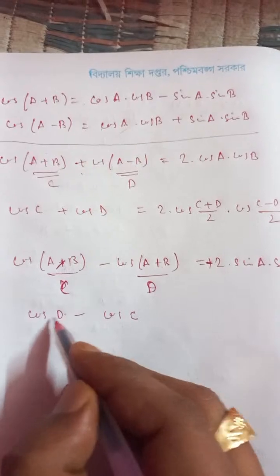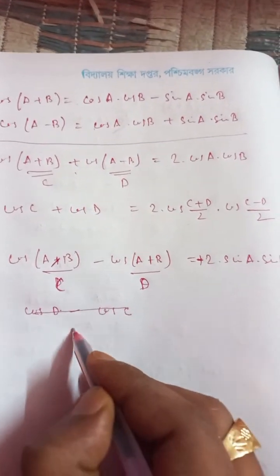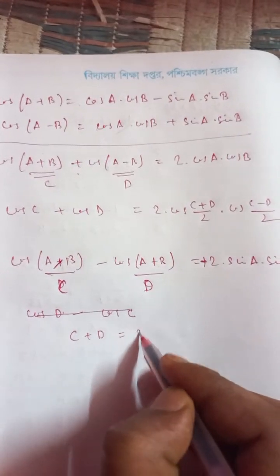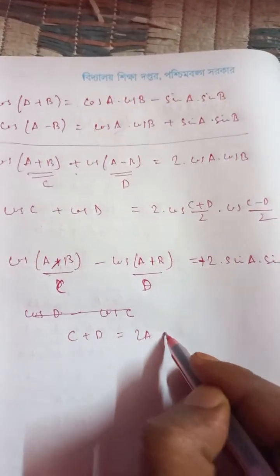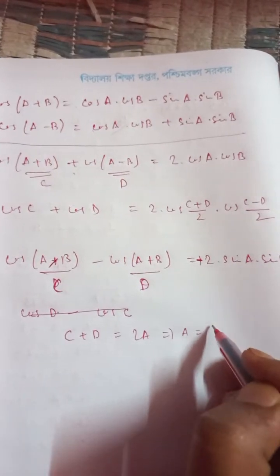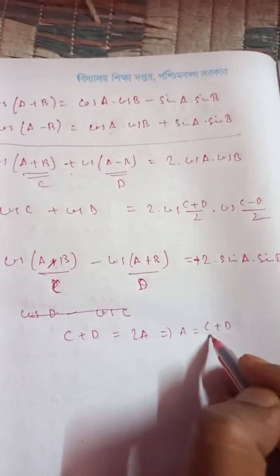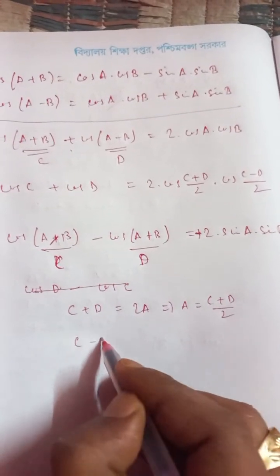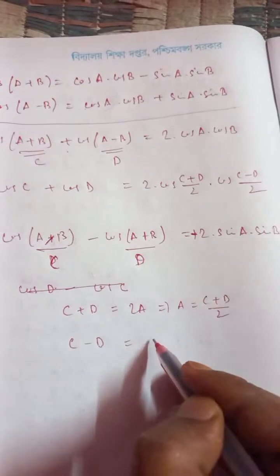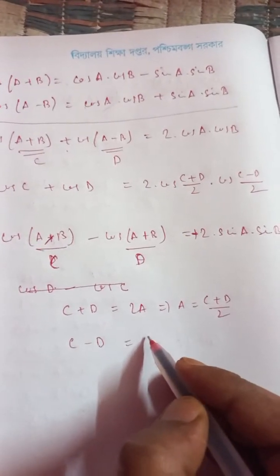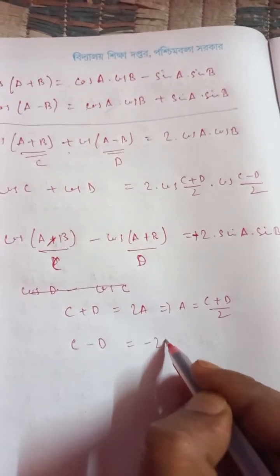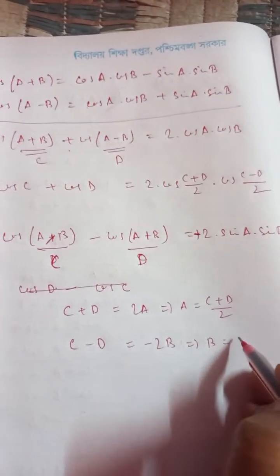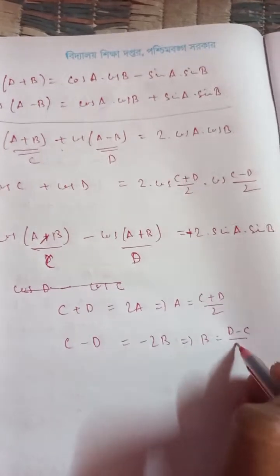Then C plus D is equal to 2A, so implies that A is equal to C plus D by 2, and C minus D will be minus 2B, and this will be B is equal to D minus C by 2.